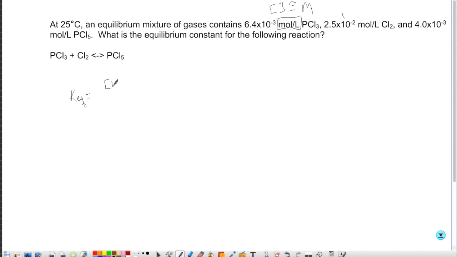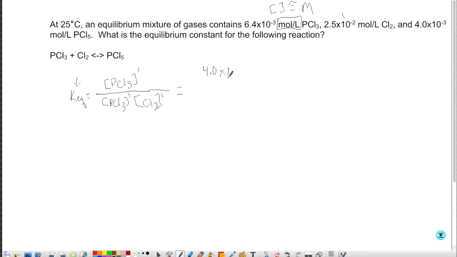The concentration of PCl5 is my only product, and that's to the first power because the coefficient is 1, over the concentration of PCl3, also to the first power because the coefficient is 1, times the concentration of Cl2 to the power of 1. Now that I've got that set up, I'm going to ignore the 1s from now on. I'm trying to find the equilibrium constant, and I've got this, this, and this. So this is really just a very simple plug and chug problem.